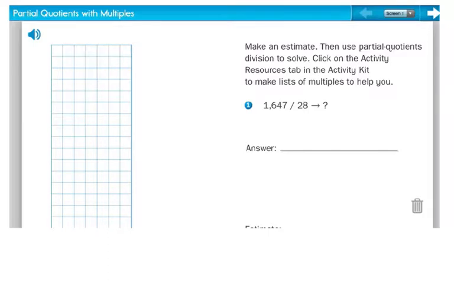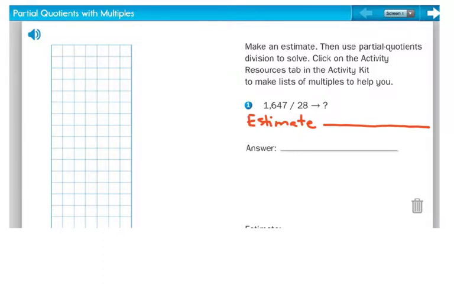So we're going to go ahead and make an estimate. I'm going to round. So for my estimate here, I always think, what can I estimate to make it easy to do just in my head?